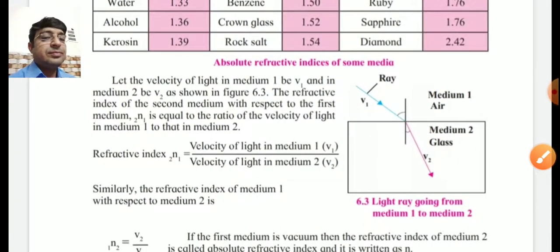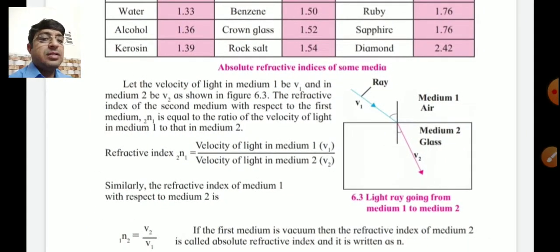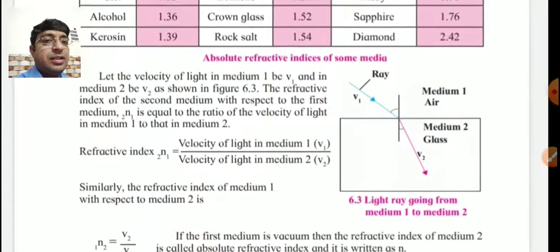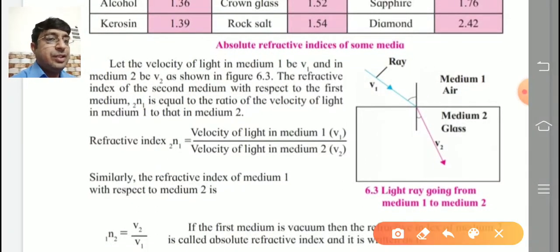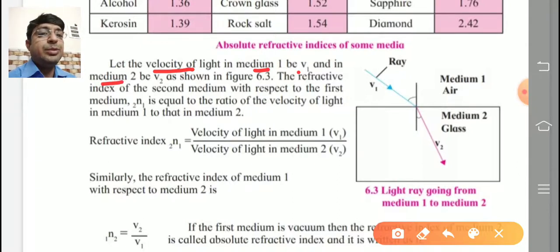Next, your question is asked: write the formula of the refractive index of the first medium with respect to the second, or the second medium with respect to the first. So how to write those formulas? Now see here. Let the velocity of light in medium 1 be indicated as v1 and in medium 2 as v2, shown in the figure.